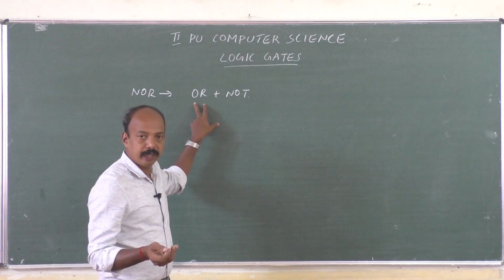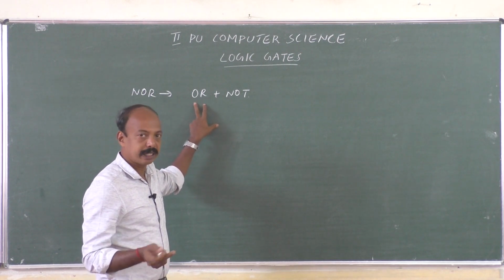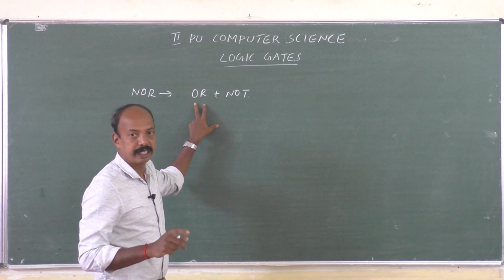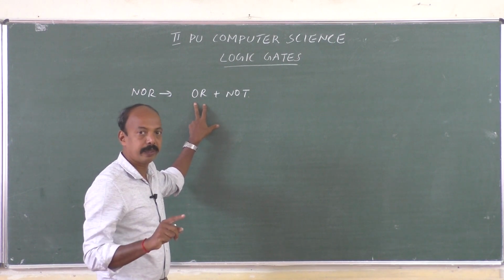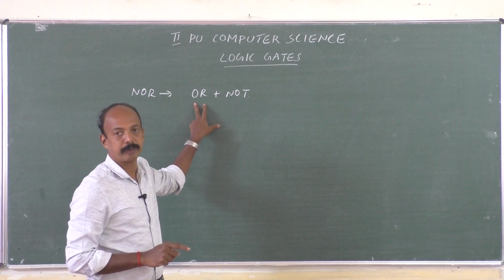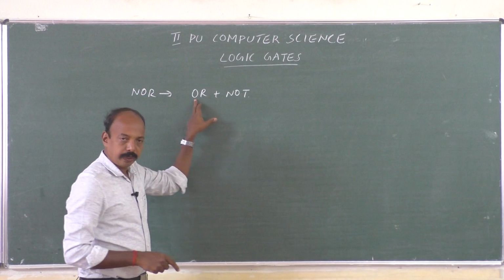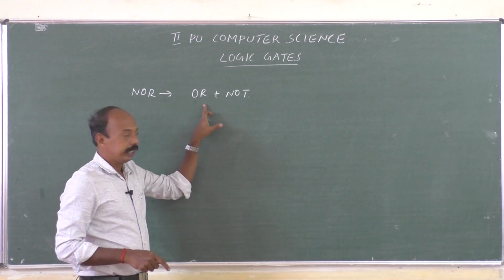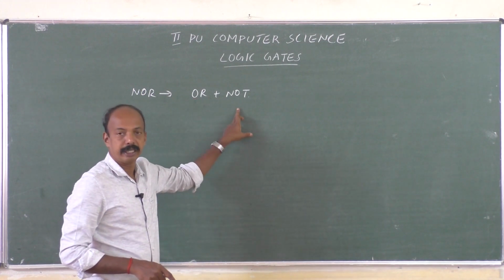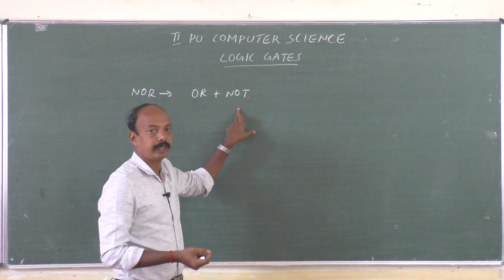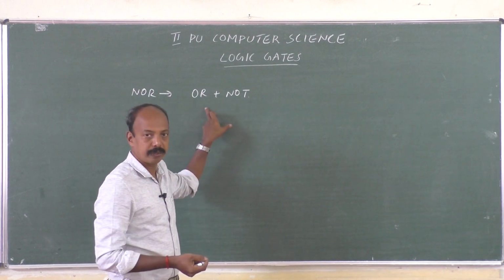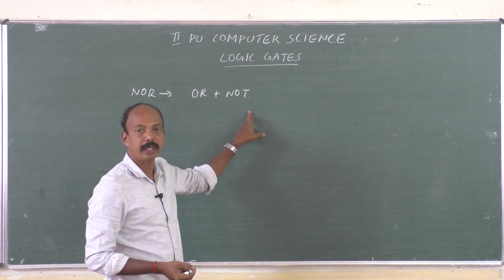If any one of the input values is high, that is 1, the output will be 1. Only in the case of 0, 0 do we get the output as 0. Otherwise it will be 1 in all other cases. So the output of the OR gate is fed to the NOT gate, that is, to the inverter. Whatever answer we got from the OR gate will be complemented or inverted.